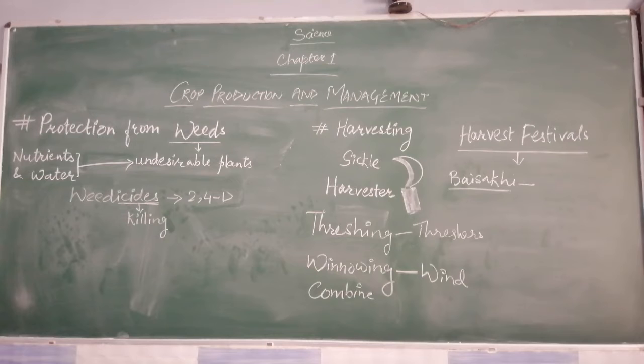Here we are using weedicides to kill the weeds, that is, the undesirable plants. An example of a weedicide is 2,4-D, which is used on a wide scale.